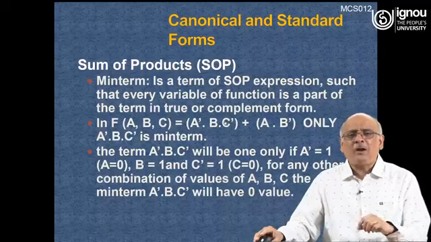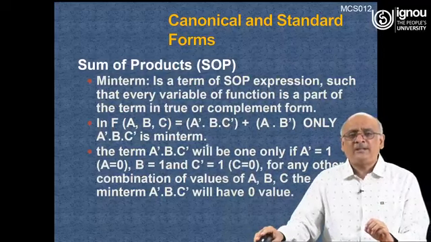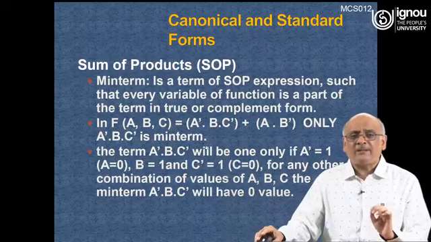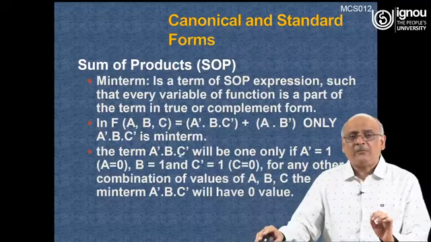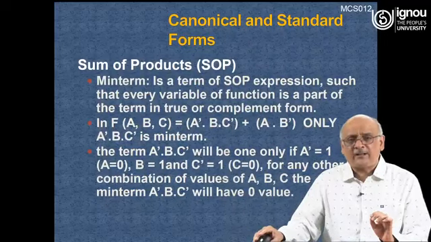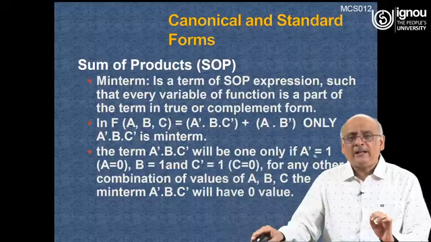Now why do we worry about the min term? Because the min term has a typical characteristic. For example, if we are designing this particular circuit, this particular term will obtain a value 1 only when A dash equals 0, that means A is equal to 0, B equals 1, and C dash equals 1, that means C equals 0.